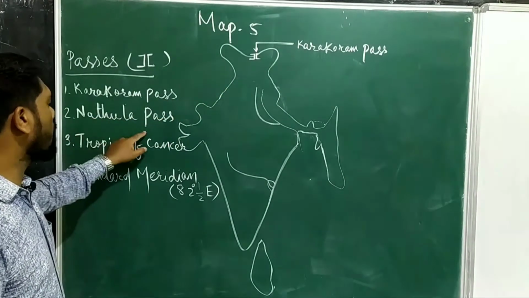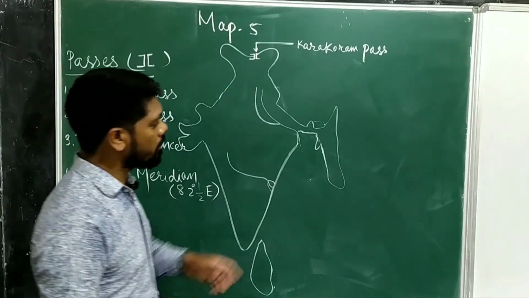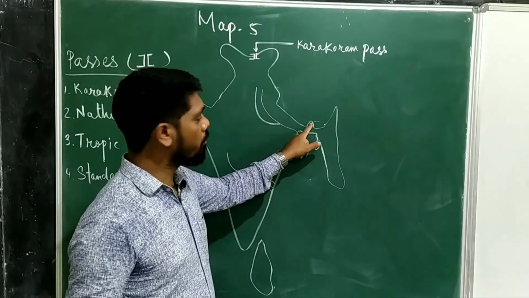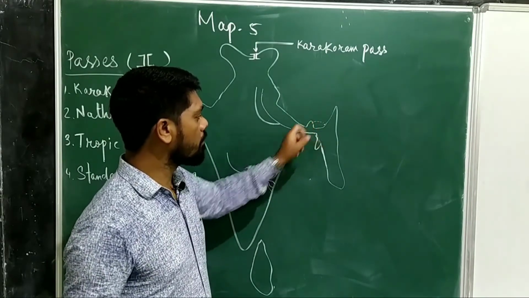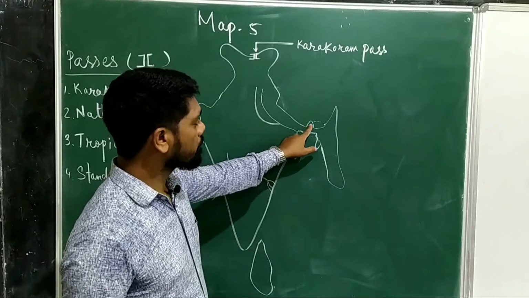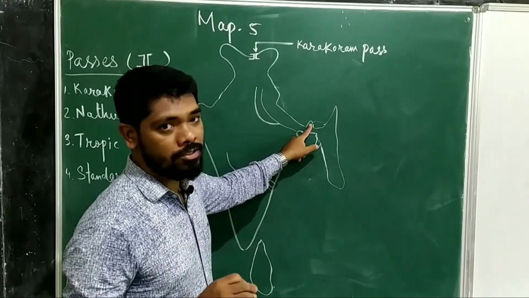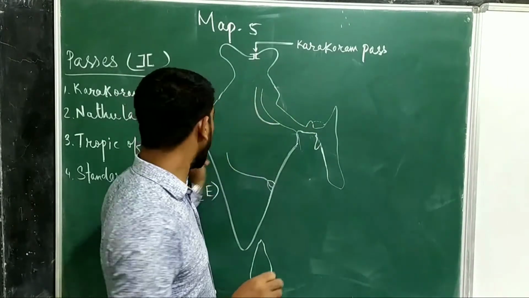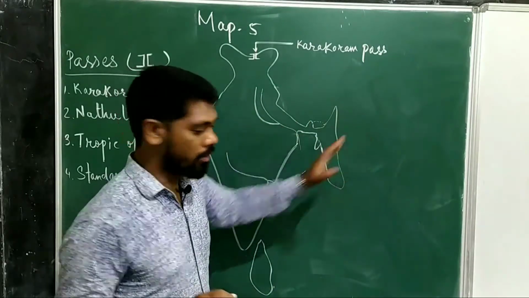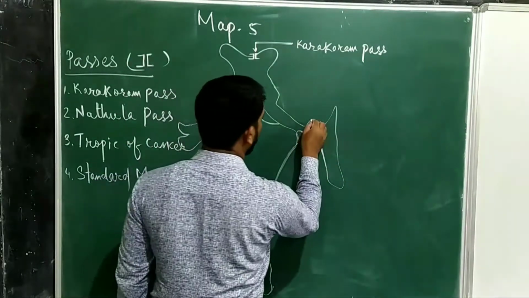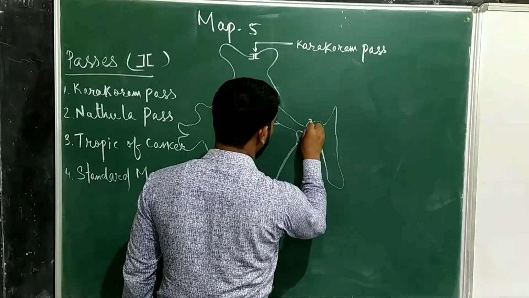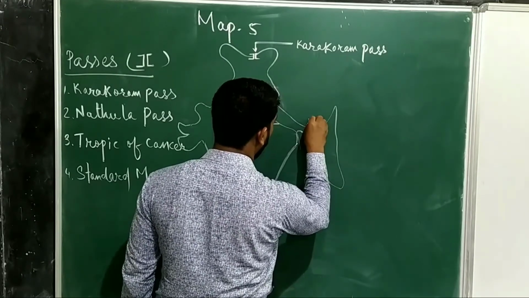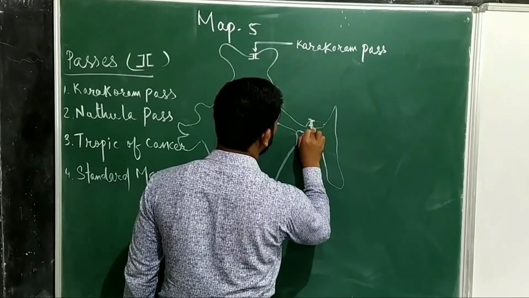The second one is Nathula Pass. Nathula Pass is located in Sikkim, in the border area of Bhutan and Sikkim. Here you can see Mount Kanchenjunga is on this side and Nathula Pass is on that side of the border. Here also the same symbol has to be made. Make sure that you don't make it so big, or it will be wrong.